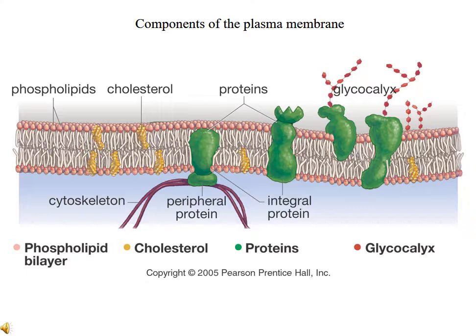And further and most important, embedded within these structures are protein molecules, and there are a number of protein molecules that we will discuss in a moment. Superimposed on the protein molecules are sugar molecules, referred to as the glycocalyx.